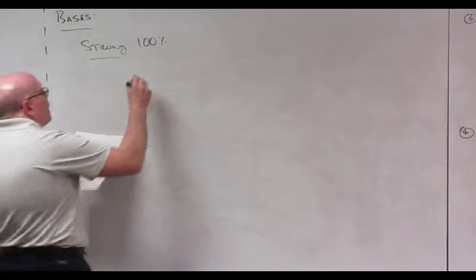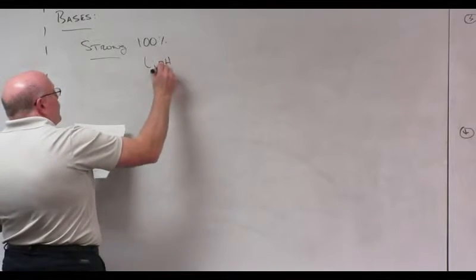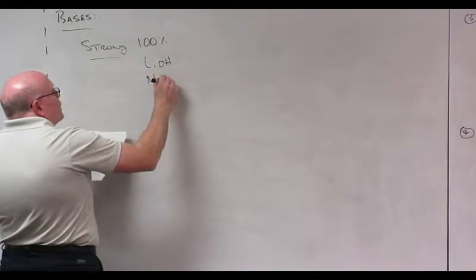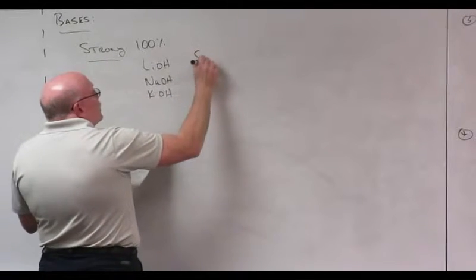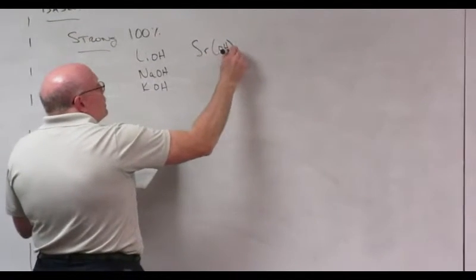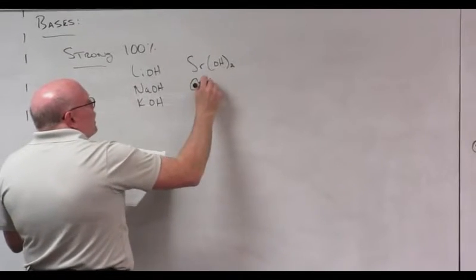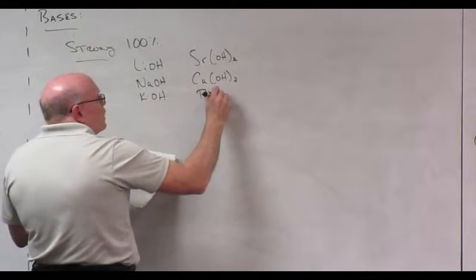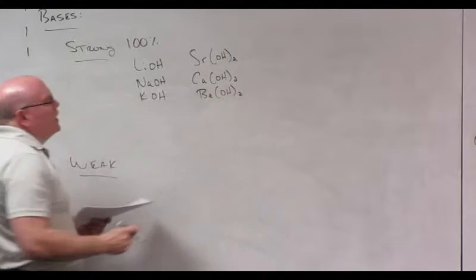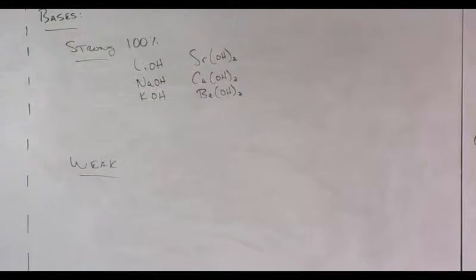There's a short list of those that we're going to worry about: lithium hydroxide, sodium hydroxide, potassium hydroxide, strontium hydroxide, calcium hydroxide, barium hydroxide. These are all our strong bases. They will dissociate completely in water and give you all the OH they have.